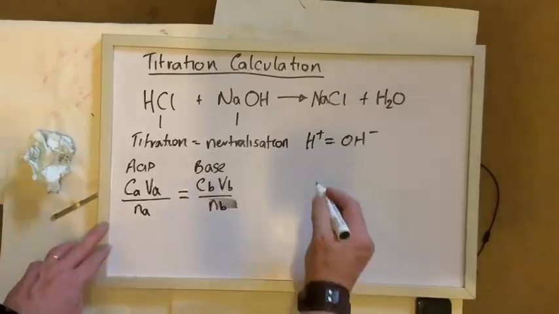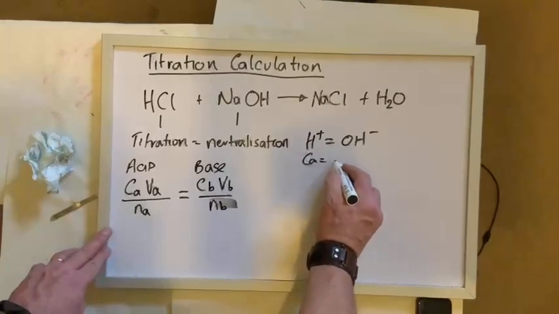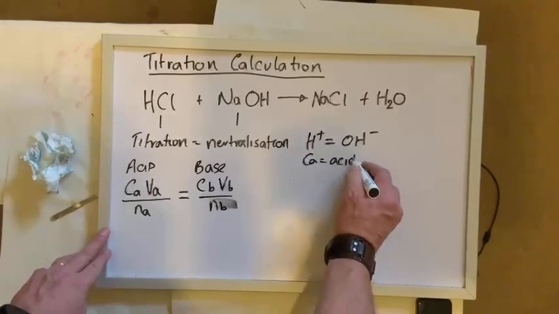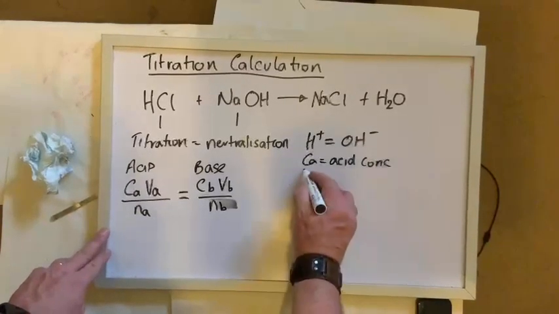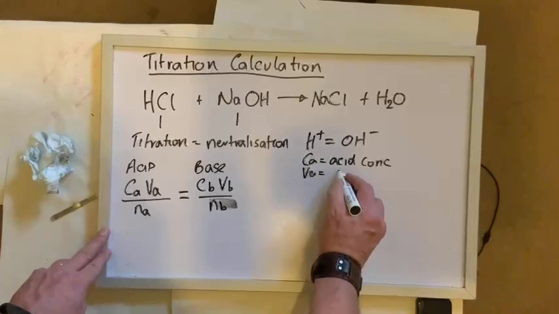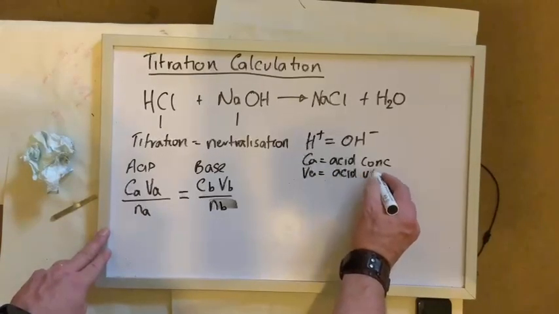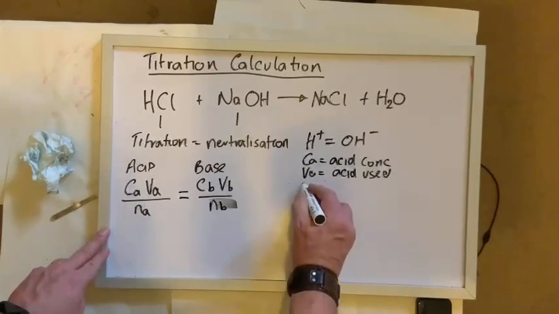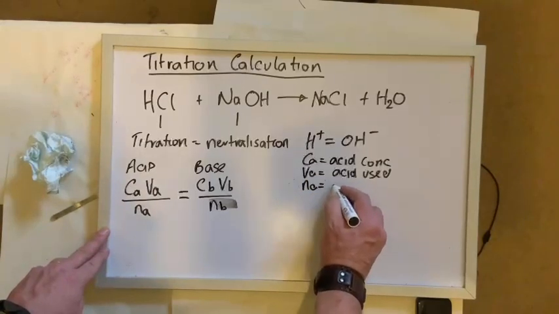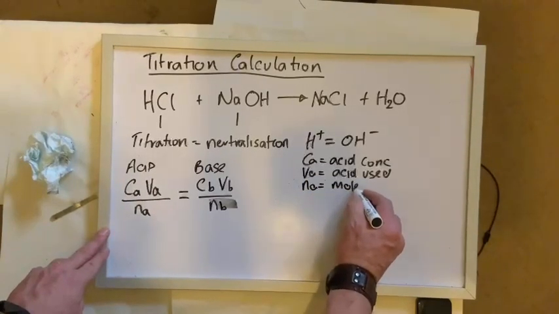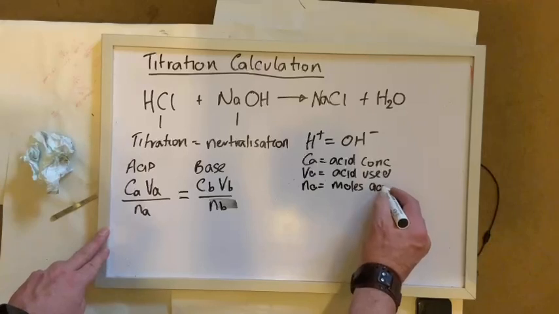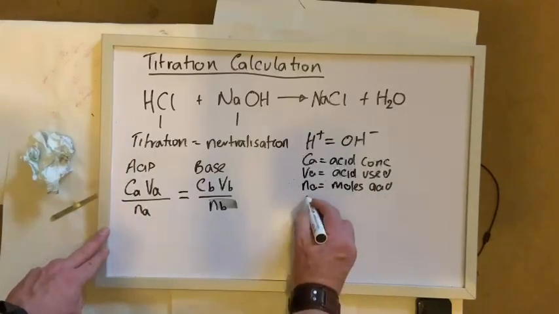That is, Ca equals acid concentration, Va equals acid used, Na equals moles acid. Now we get the same for the base.